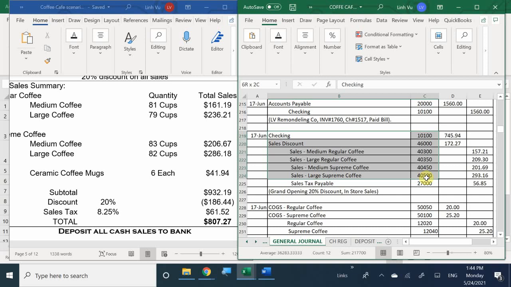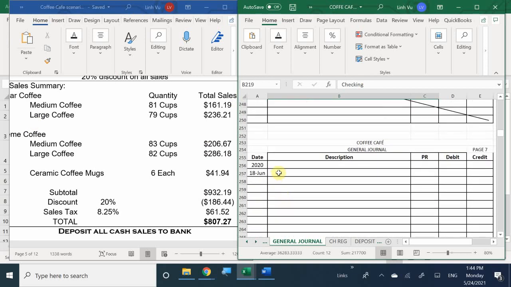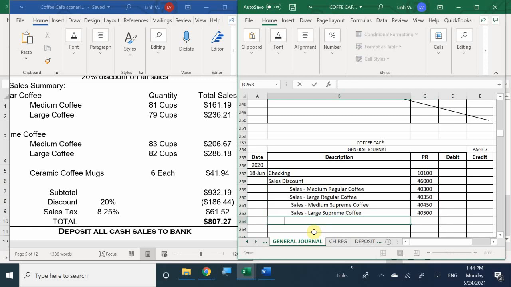But I also have to remember I need to enter in one more because we also have a sales of ceramic coffee mugs. So right here, when I paste it in, it copies everything that I wrote from that previous journal. Okay? And I didn't copy the sales tax payable just because I know I have to enter in one more thing.